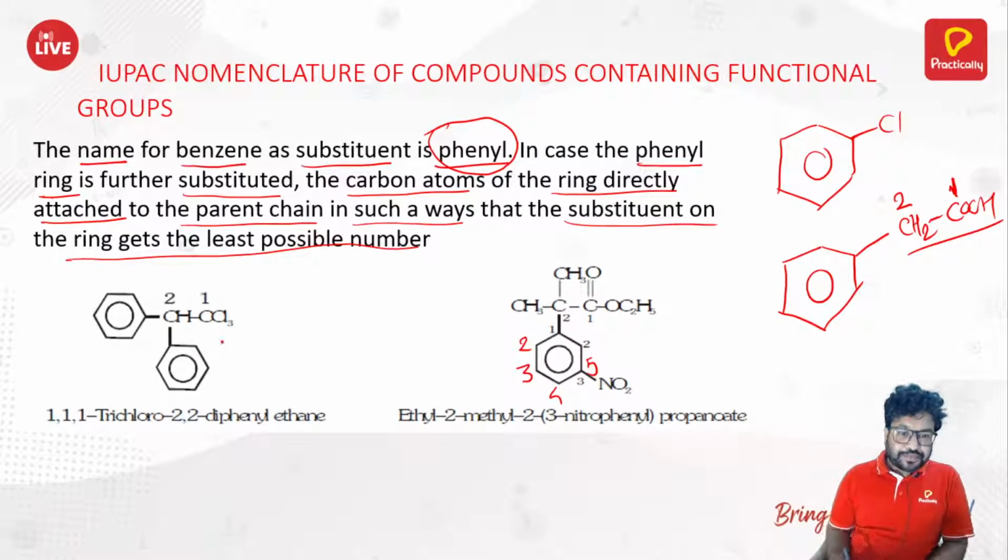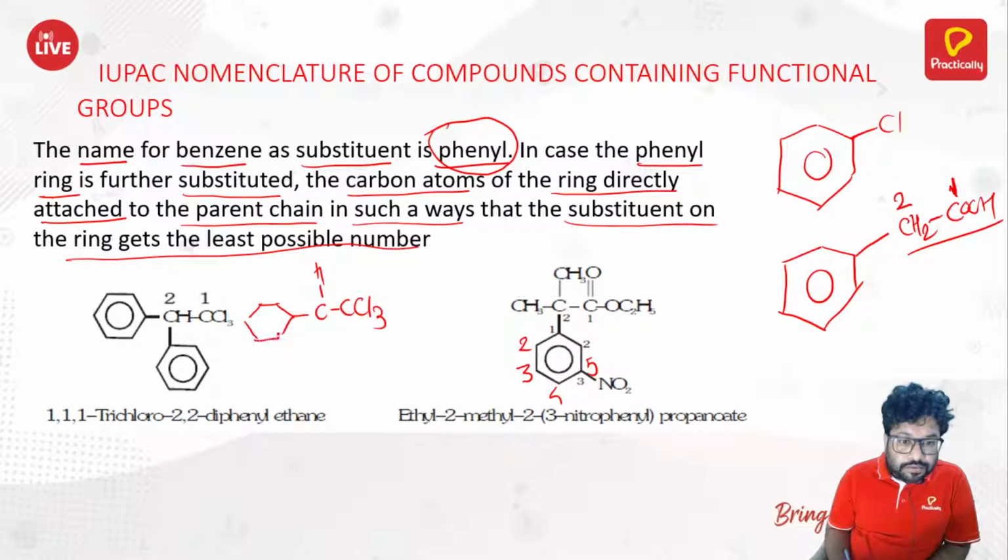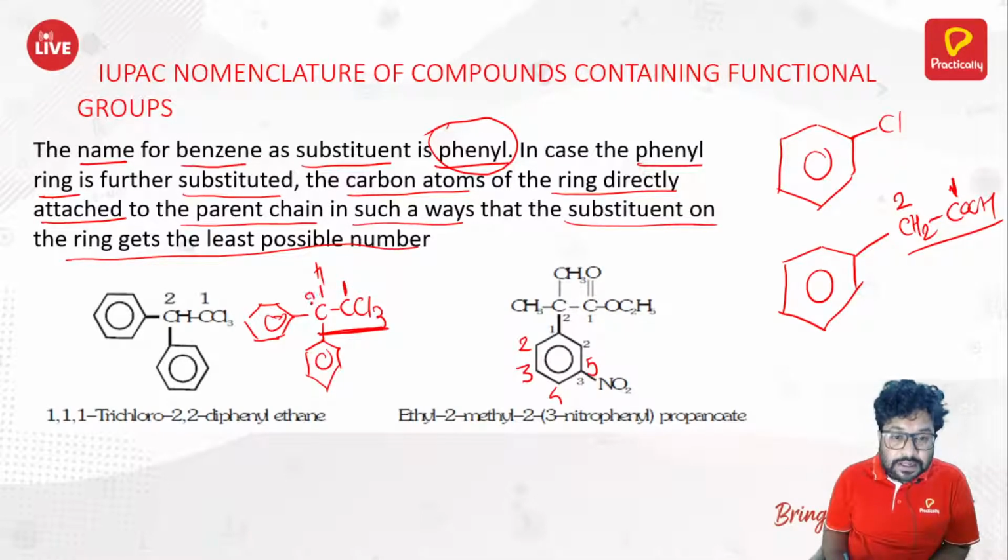Okay, so look at here. This carbon is attached to 3 chlorine atoms. It is basically CCl3, CH, and then it is attached to the benzene ring like this. Your main chain is CCl3, this is your first carbon, this is your second carbon.